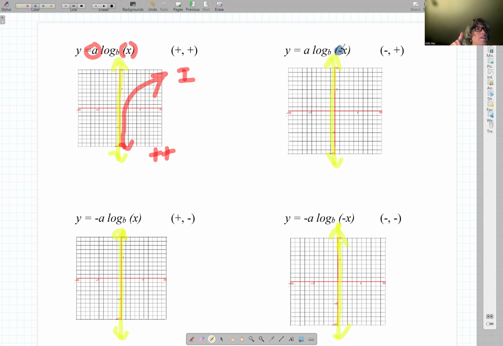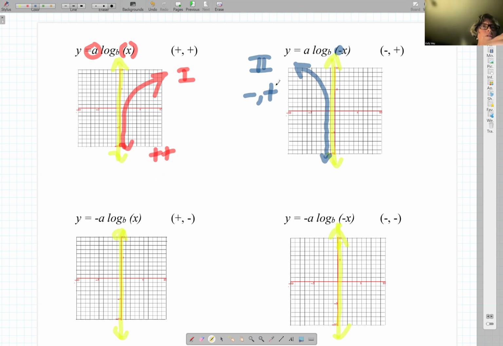And remember, when that is negative, it flips over the y-axis. So it goes like this. So it's flipping over the y-axis. Gets increasingly close to 0 on that side. And so notice we are now in the second quadrant, where x is negative and y is positive.